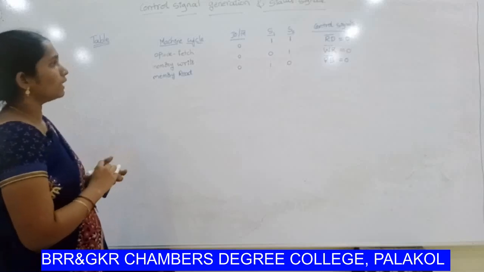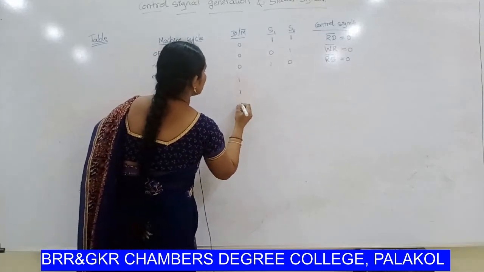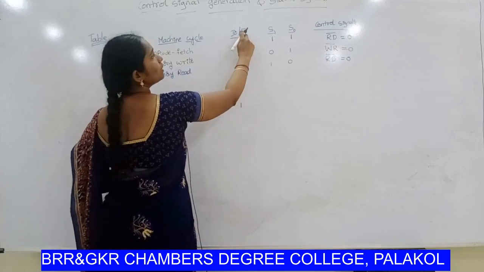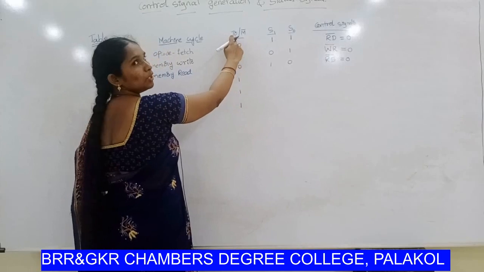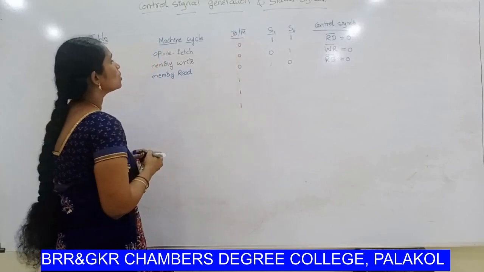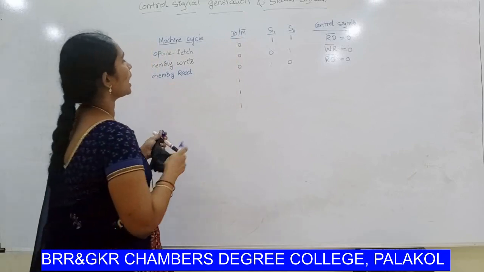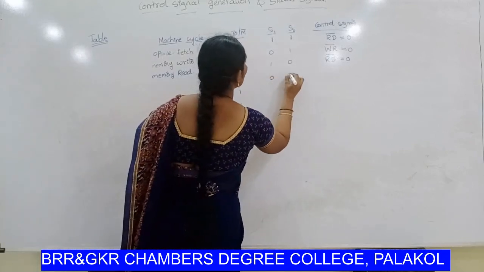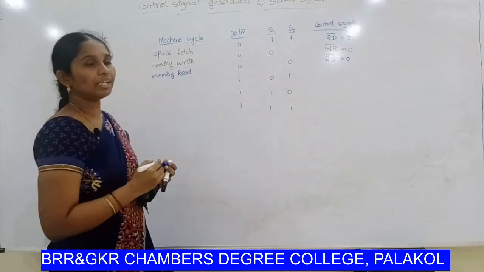Okay, and after that we will consider the ones. 0 means it will perform the memory operation, and 1 means it will perform the IO operation. So here it is an IO operation. For example, here 0 1, 1 0 and 1 1 we will consider.